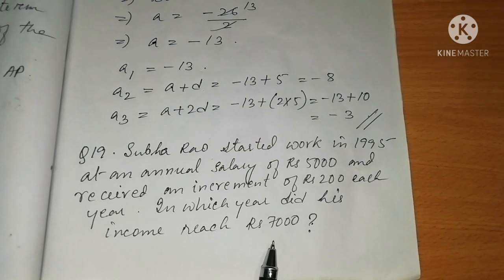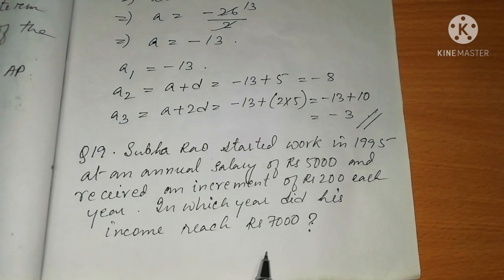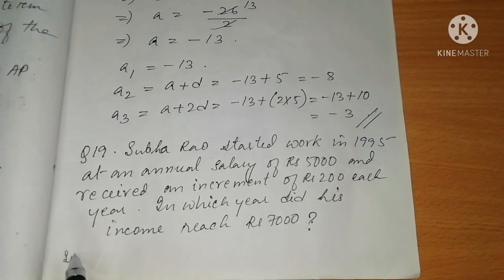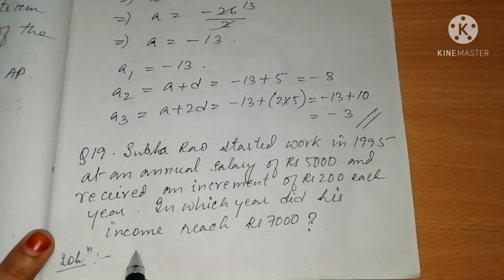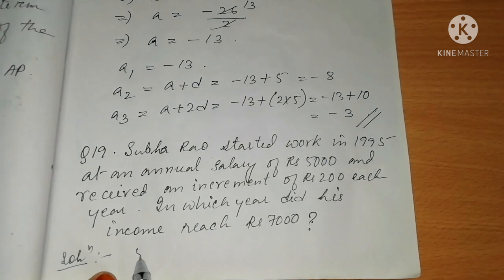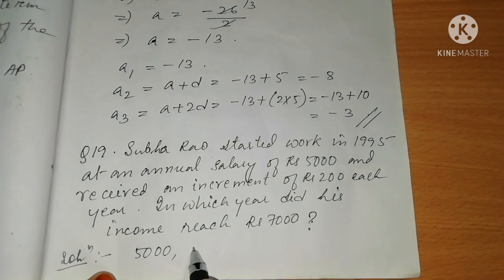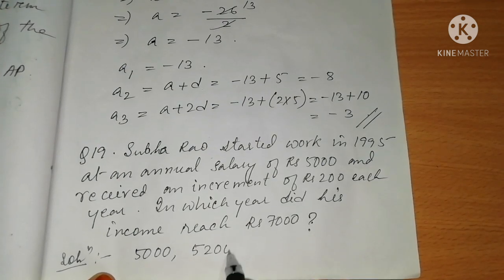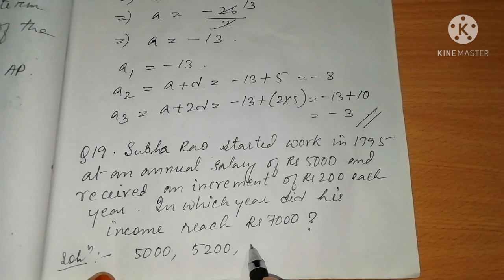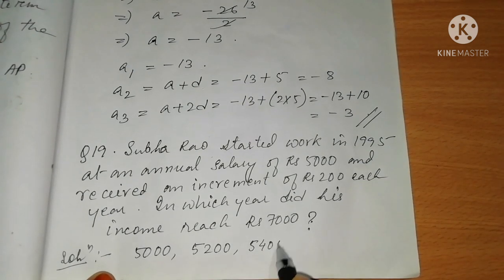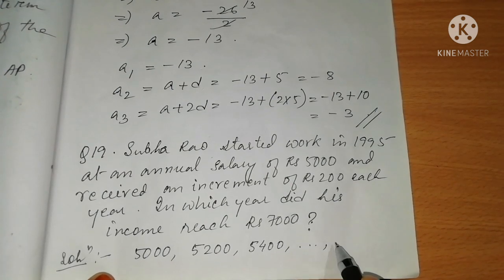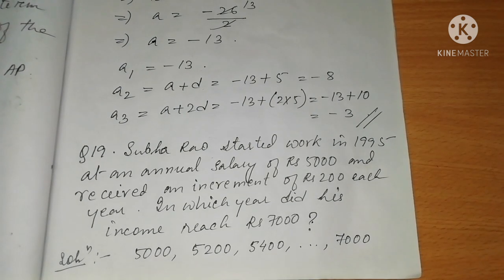So by reading the question, we need to understand that and form the AP. With this, the AP we can write here. It will be 5000. Then with a 200 increment, it will be 5200. Then the next year, with 200 increment, it will become 5400. Similarly, the income he reached is 7000.